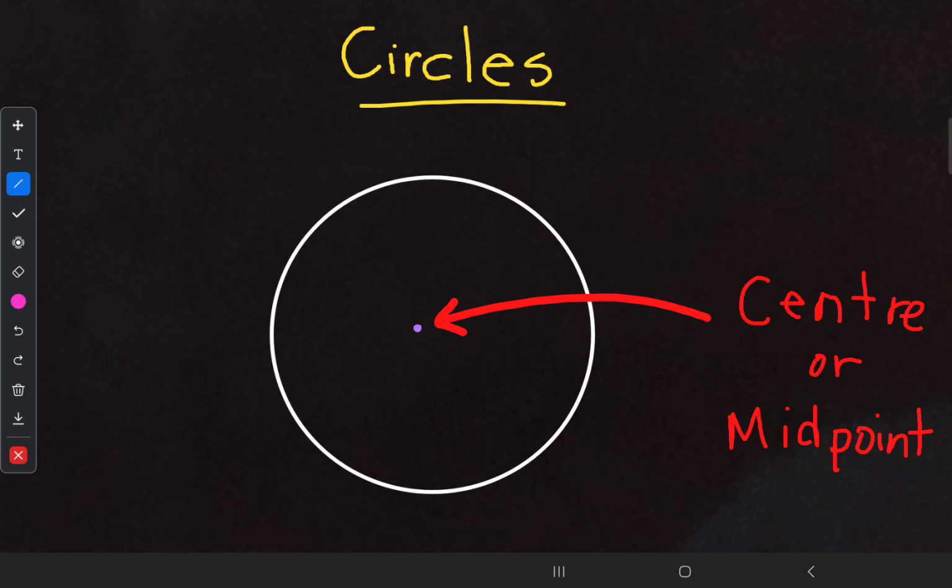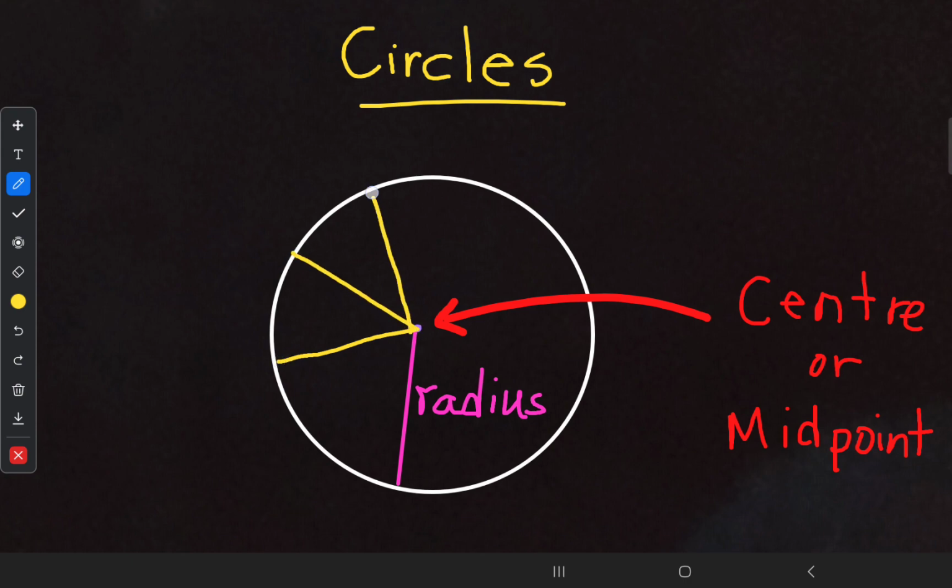From the center to the circle, when we draw a straight line, this straight line is given as radius. For a particular given circle, we can draw many radius. We can count how many radius we can draw.